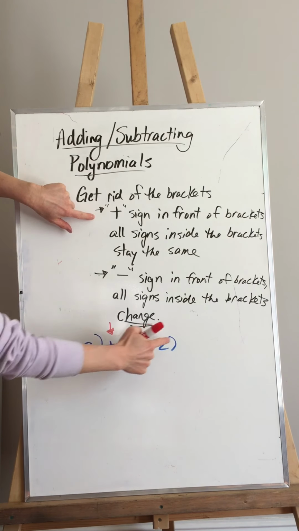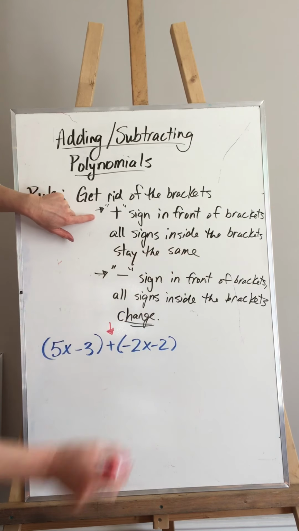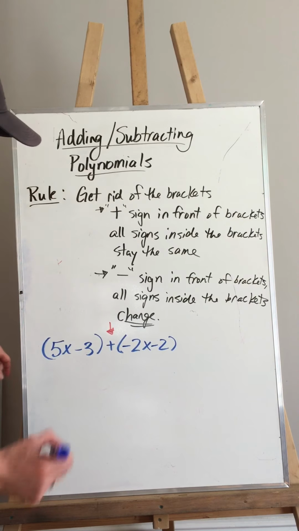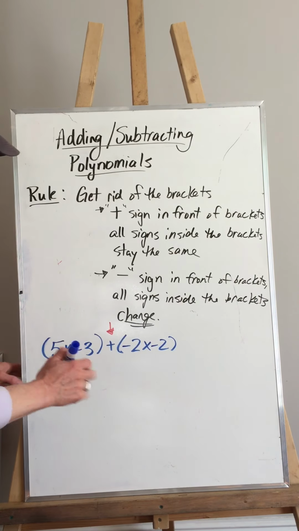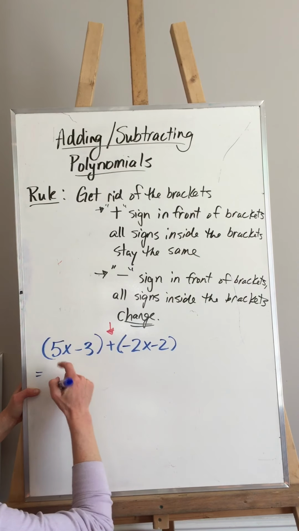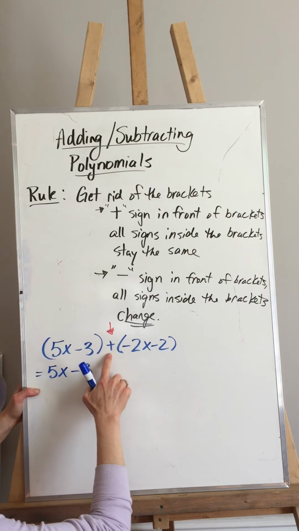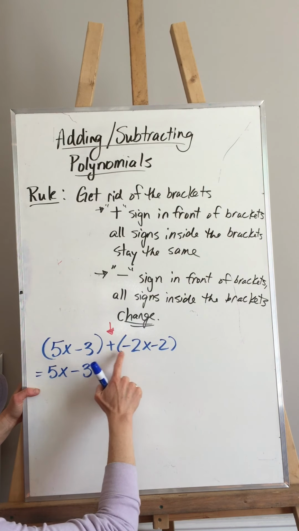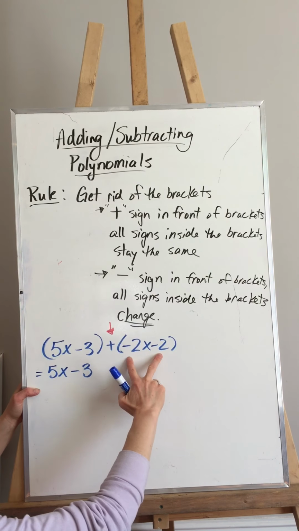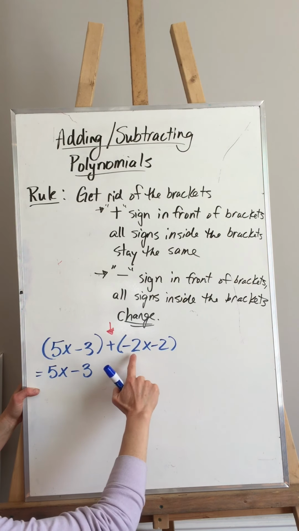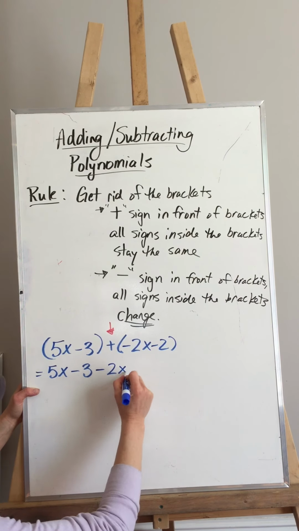When we get rid of these brackets, all the signs inside the brackets are going to stay the same. So there's nothing in front of these brackets, so we can just drop them and everything stays the same. So this is 5x minus 3. Now plus, that doesn't mean I'm going to write plus 2x. That means the plus tells me that all signs inside the brackets stay the same. So if this is minus 2x in the brackets, it should be minus 2x down here.